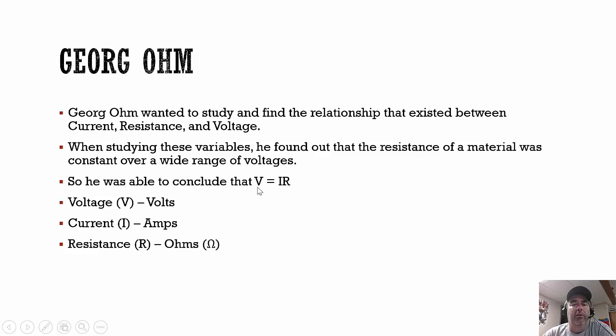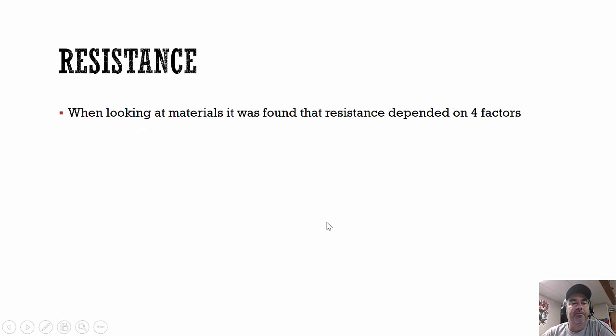So he was able to conclude that voltage is equal to the current multiplied by the resistance. Voltage is V, measured in volts, current is I, measured in amps, and resistance is R, and as we said, it's measured in ohms.